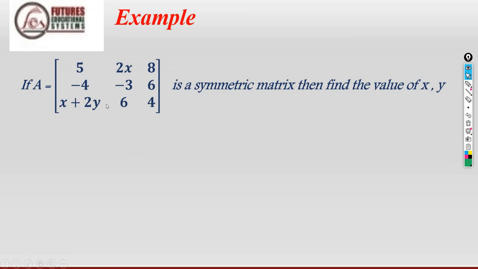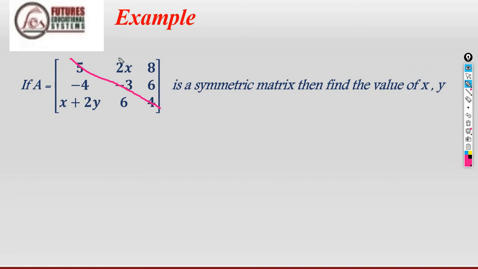Example: if we have matrix A like that which is a symmetric matrix, find the values of x and y. Let's go to solve this example. That's the main diagonal.